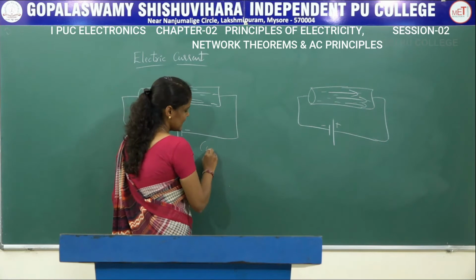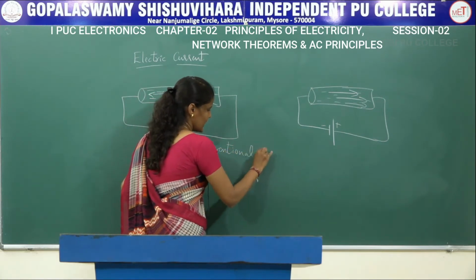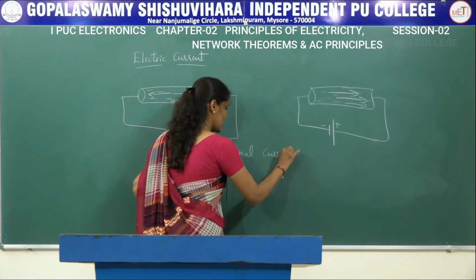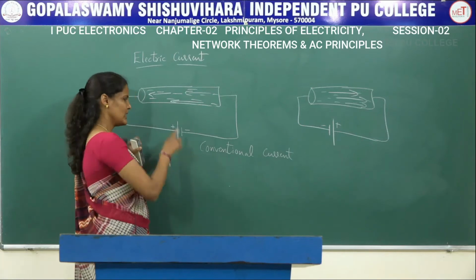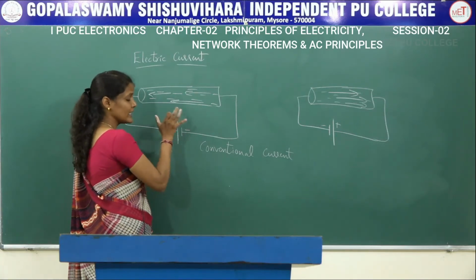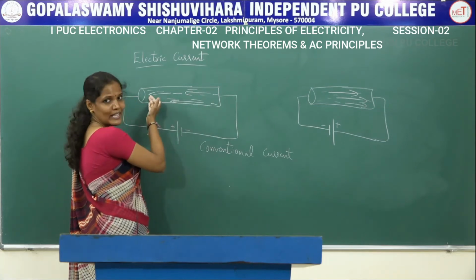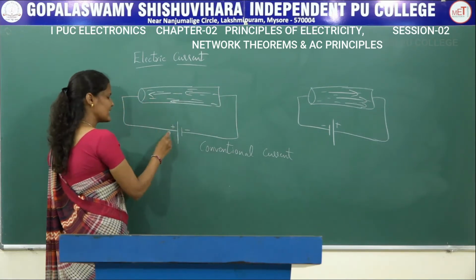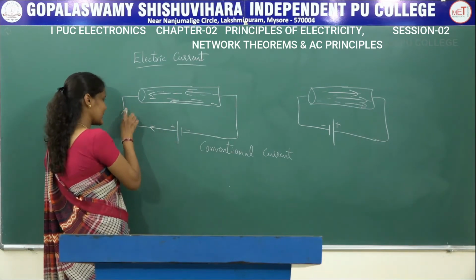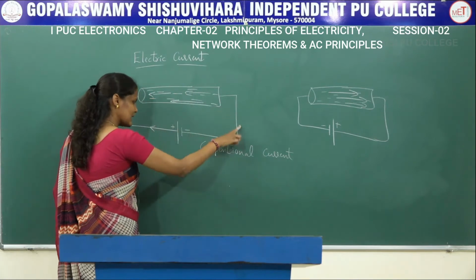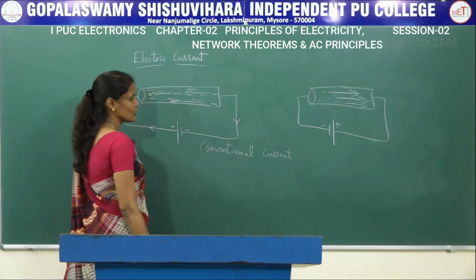Conventional current direction is opposite to the direction of the electrons. In this particular circuit, the direction of electrons is from right to left. But conventional current will always flow from the positive terminal of the battery through the external circuit, or through this wire.